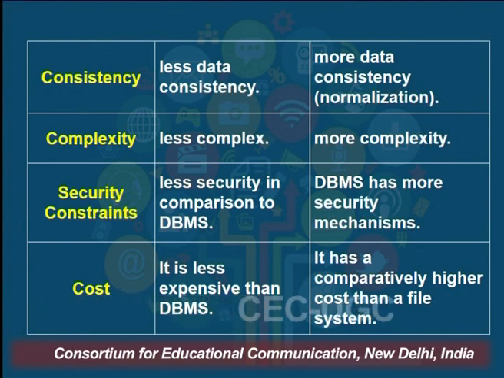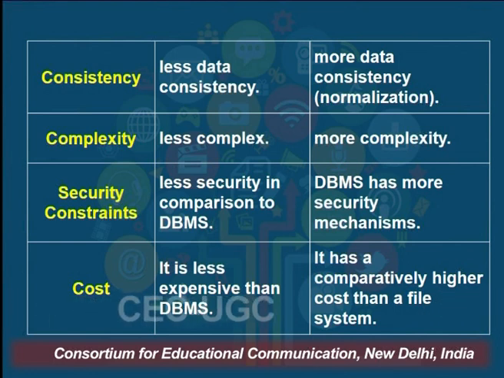While the consistency in a file system is very low, or it may even have inconsistent data, which is going to give us a lot of problems while using the data.